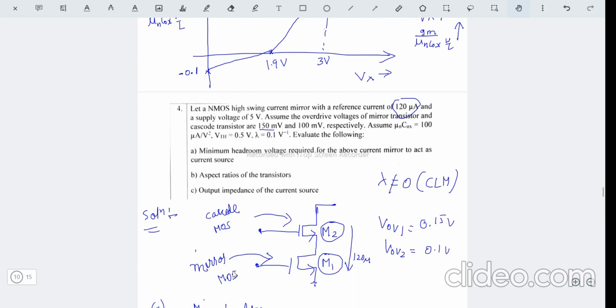The next question is the output impedance of the current source. The output impedance is seen from this terminal. We clearly see a cascode structure.